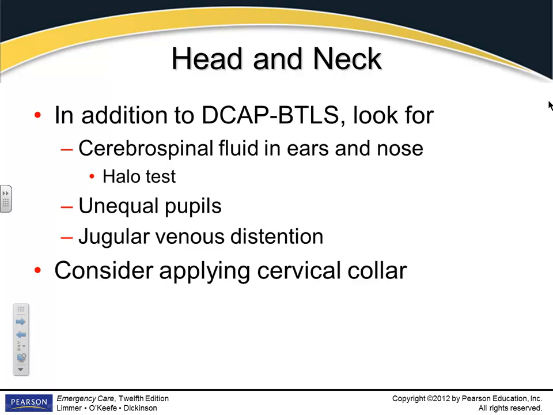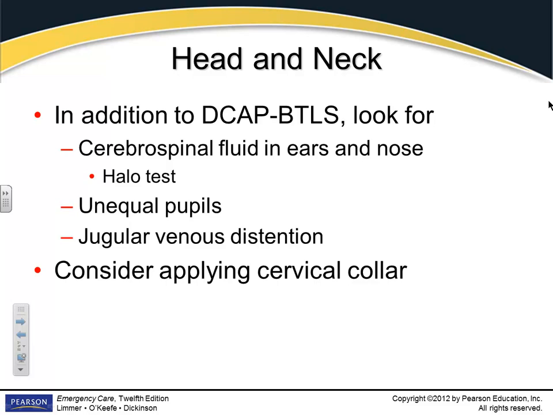We're just looking to separate water or some other fluid from cerebral spinal fluid. If you dab it onto a tissue, it's going to separate. Cerebral spinal fluid being thicker will stay tight and the other fluids, being thinner, will spread out, so it makes a little halo. So you can check that.